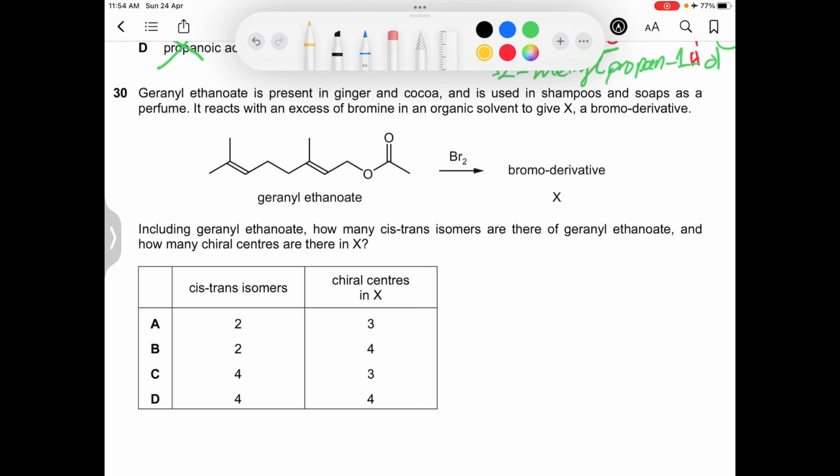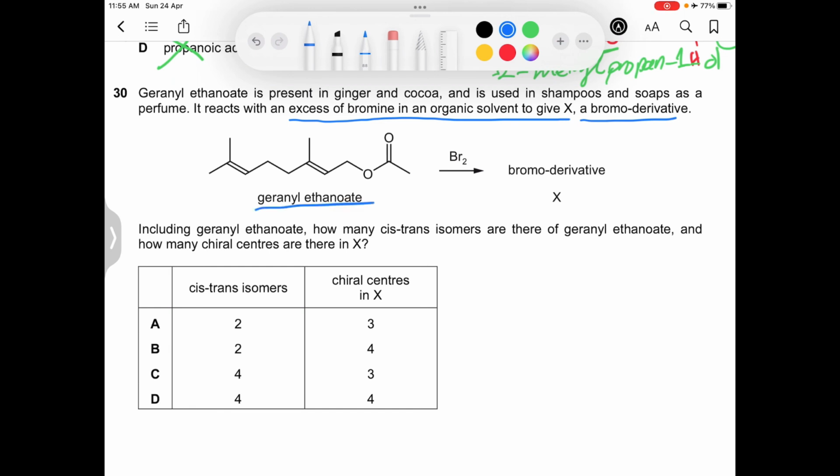Question 30 says, geranyl ethanoate is present in ginger and cocoa, and it's used in shampoos and soaps as a perfume. It reacts with excess bromine in an inorganic solvent to give X, a bromo derivative, like the compound that comes as a result of this reaction.